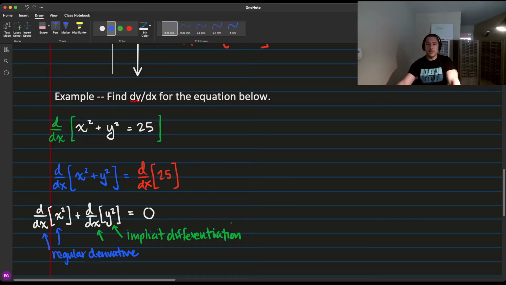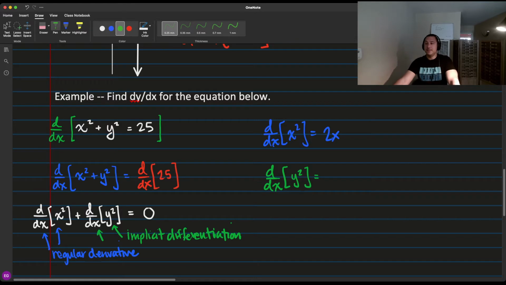So let's do the derivative with respect to x of x squared. That is just 2x. Now take the derivative with respect to x of y squared.